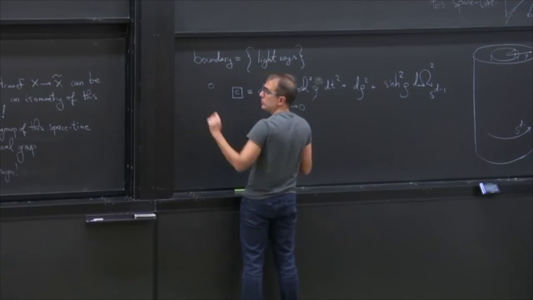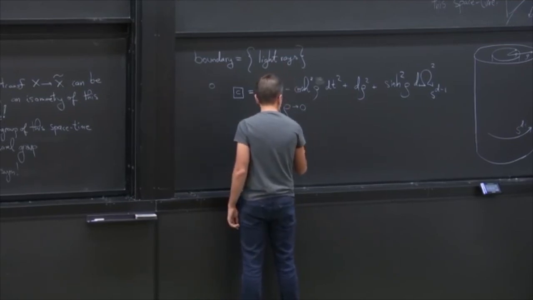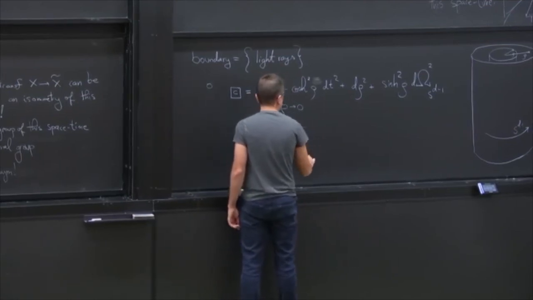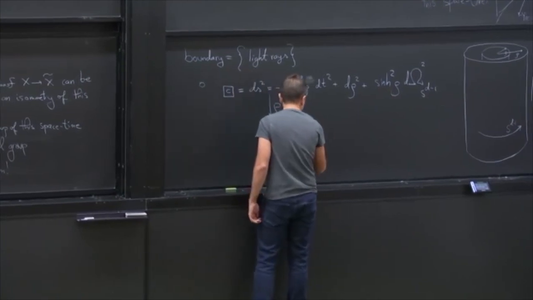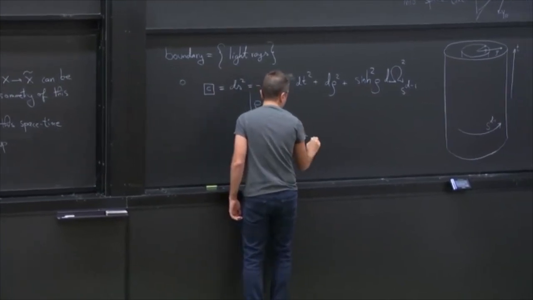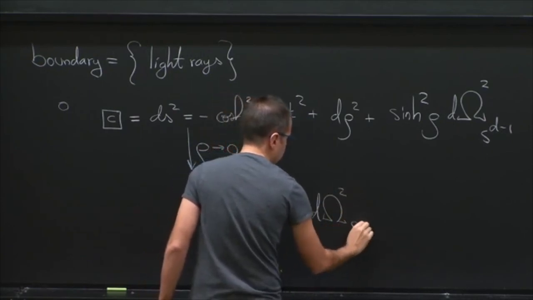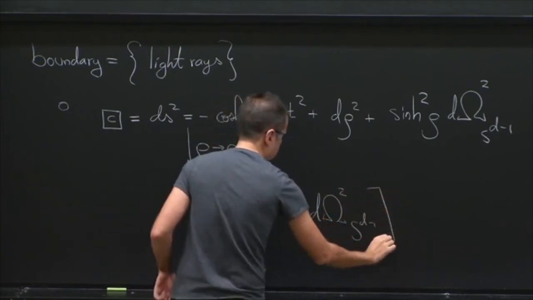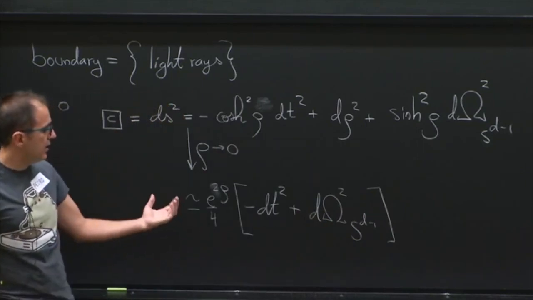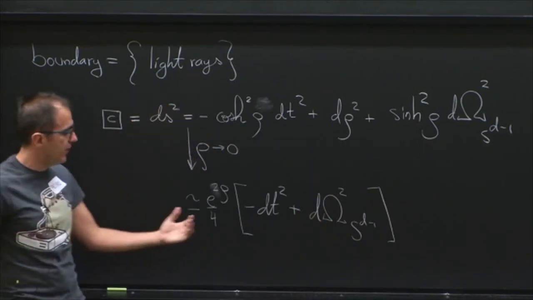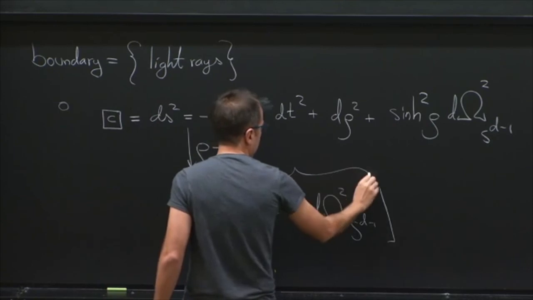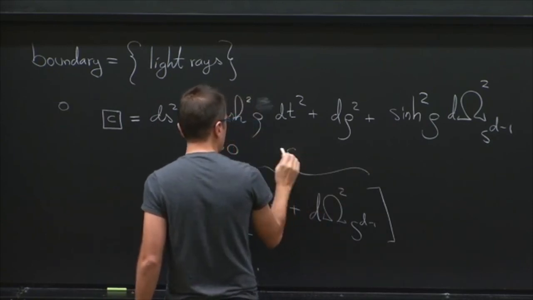Like there is a divergence in 1 over z squared, over 4, times minus dt squared plus d squared S^(d-1). And so asymptotically, as I'm sending rho towards infinity, I get precisely a cylinder like the one we saw before.